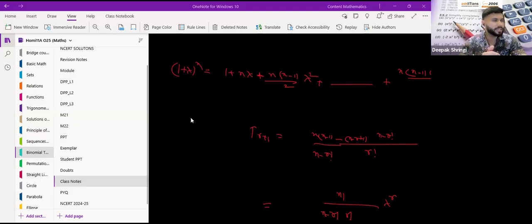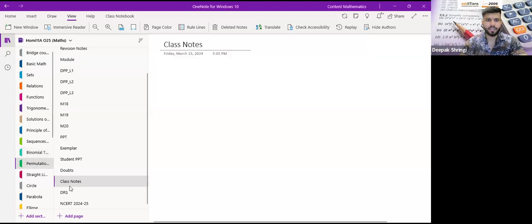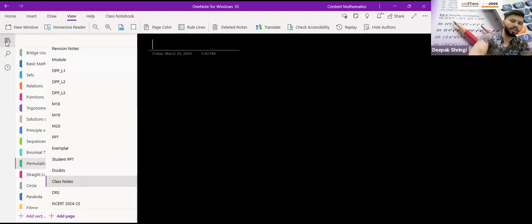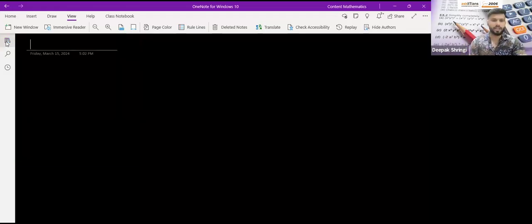Let's say if I ask you a simple question: there are three people, A and B and C, and we have to arrange them in a row. How many ways can you do that? You will say, sir, we're going to put all the possible cases. There is a way ABC.